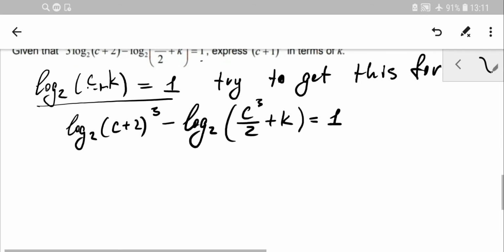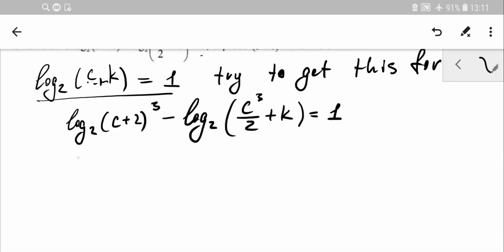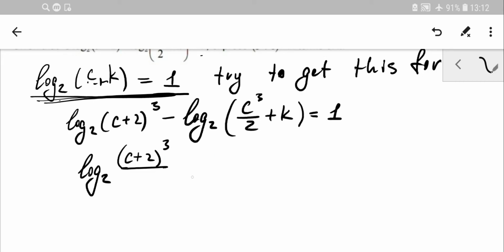And now we just need to use the property for subtraction of logs, and hence we can get what we're designed to do. So we need to get 1 log: c plus 2 cubed over c cubed over 2 plus k. That's equal to 1.